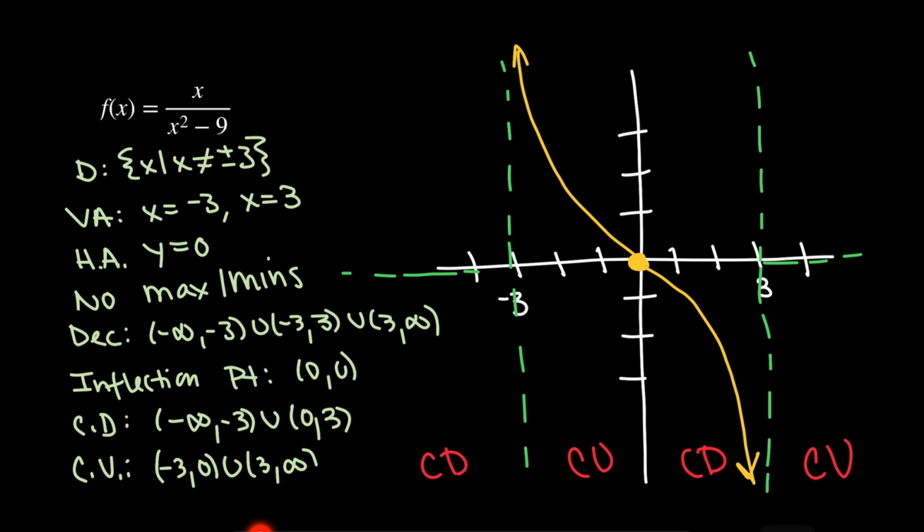So if you want, you could just pick any x value smaller than negative 3 and plot a point just to help you guide your graph. I'm going to show you how I could do it without a point. So I know that the function is concave down and decreasing.